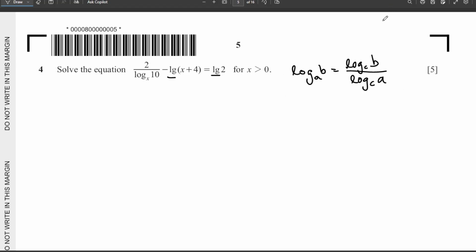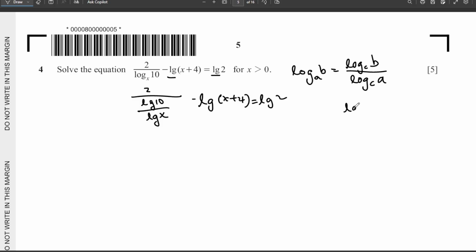So this is the change of base formula. In this case, I want to change to log 10. So for log base x of 10, I'll first put lg, then the 10 goes on top, then lg x goes on the bottom. Then we rewrite the rest of this equation.